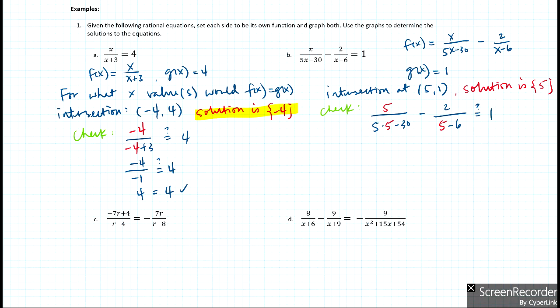So on the left we have 5 over 25 minus 30, which is -5, and minus 2 over -1. So 5 over -5 is -1. Minus 2 over -1 becomes plus 2. And we do have 1 equal to 1. So indeed, we can confirm that the solution is equal to 5.